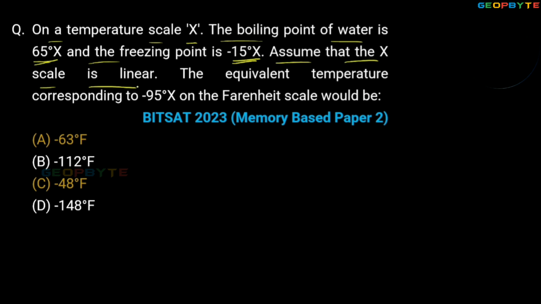That means temperature is linearly varying with the thermometric property. Like in a mercury thermometer, once you touch the sensor to a hot body, the mercury is linearly expanding. Therefore temperature is directly proportional to expansion length. That is called thermometric property.